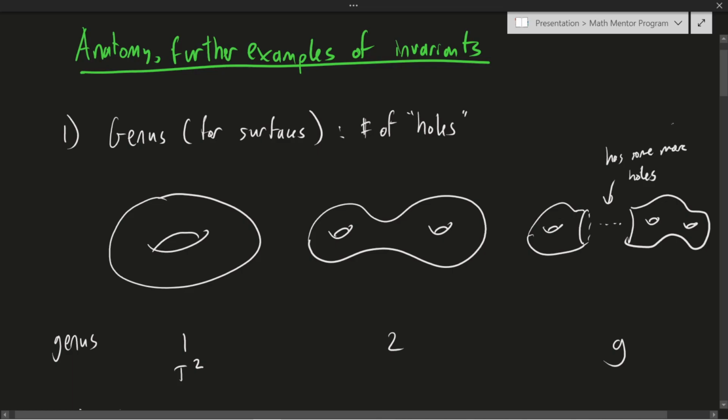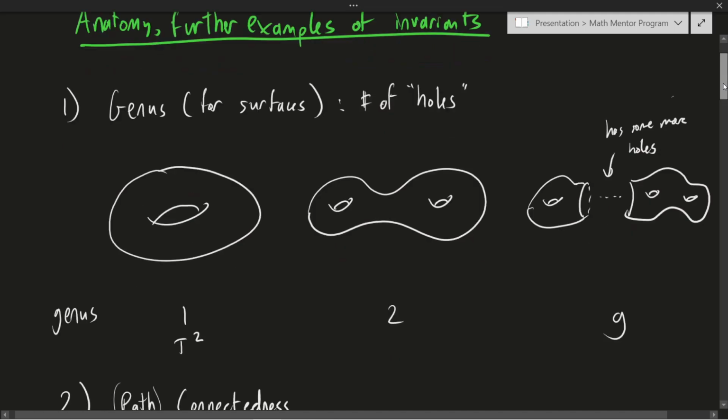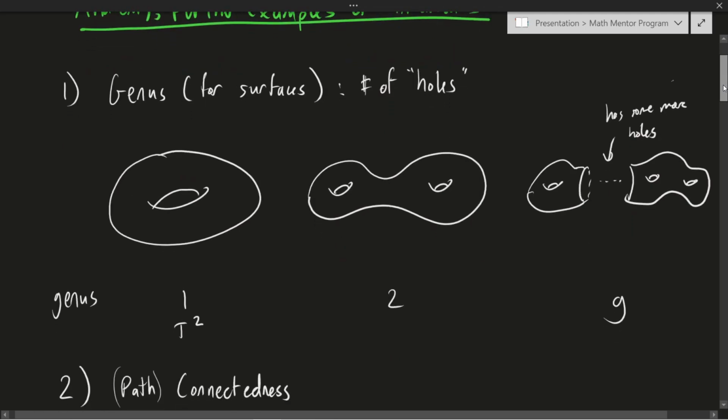Okay. So that's generally how we draw surfaces of genus G. They come up very importantly in the study of low-dimensional manifolds, which is something that we will get to by the end of this program.